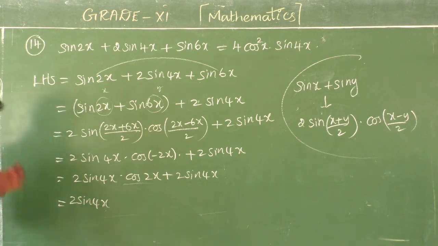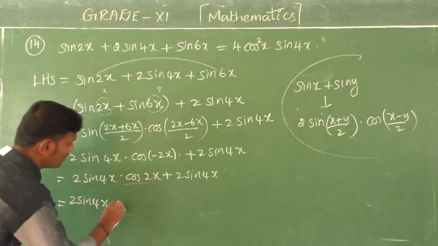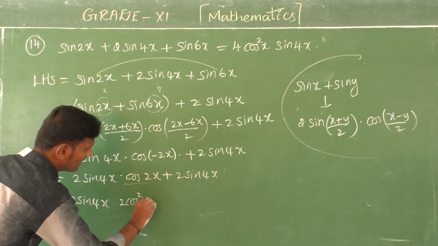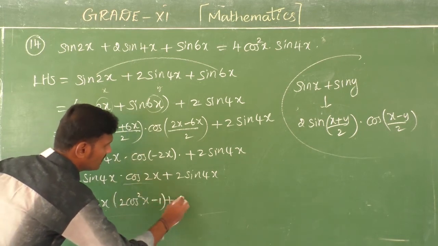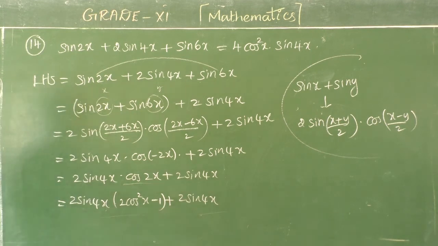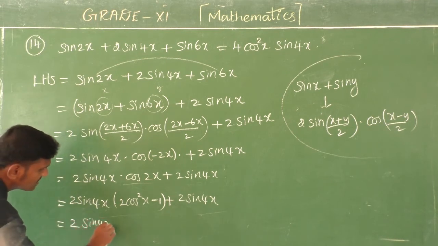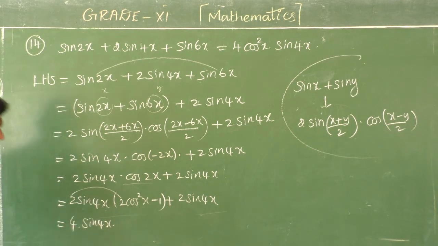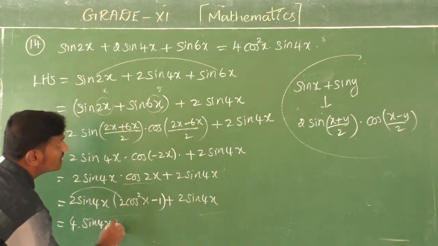2 sin 4x into cos 2x, with the formula, becomes 2 sin 4x into (2 cos square x minus 1) plus 2 sin 4x. Now multiply inside the bracket: 2 sin 4x into 2, 2 twos are 4, so 4 sin 4x into cos square x.